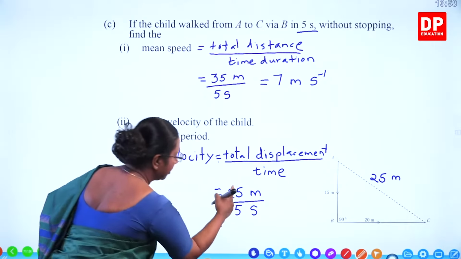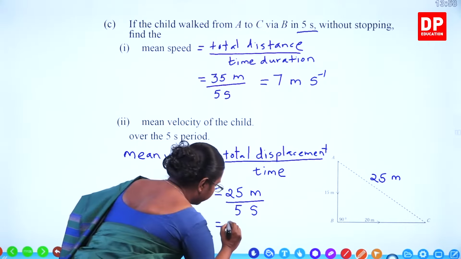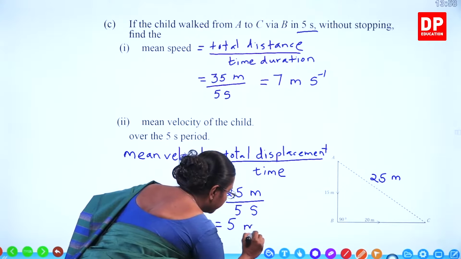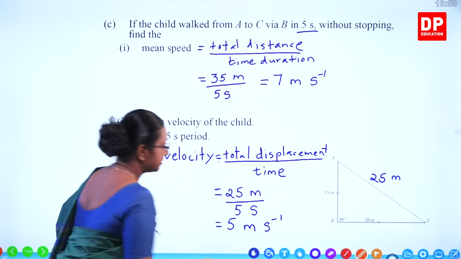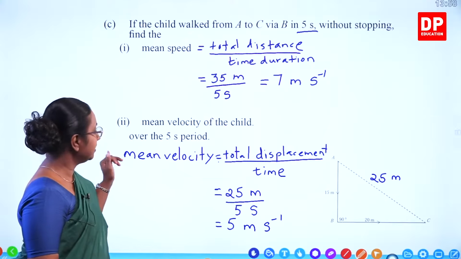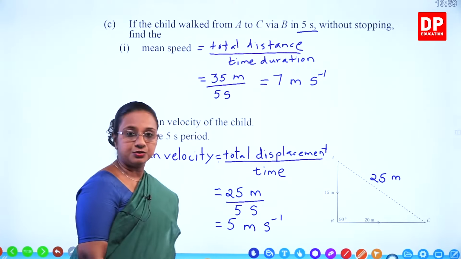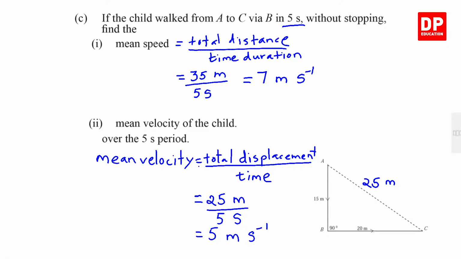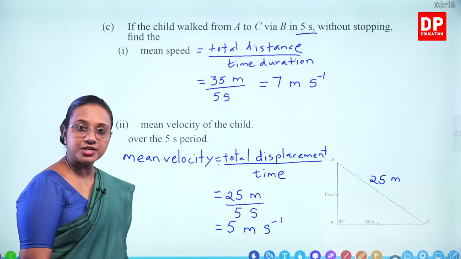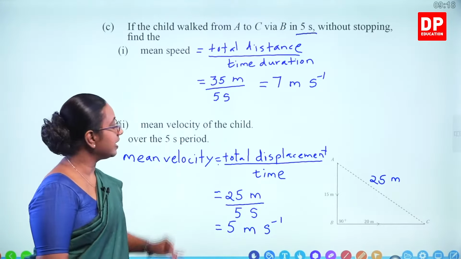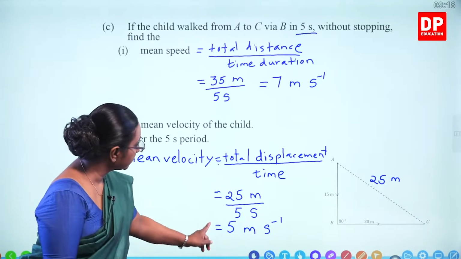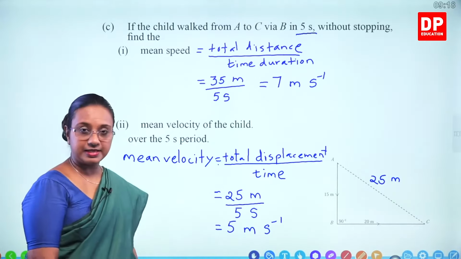So that will be equal to 25 divided by 5 meters per second. And this also has a direction that again is from A to C. So as you can see, students, the mean velocity of the child during the 5-second period is 5 meters per second.